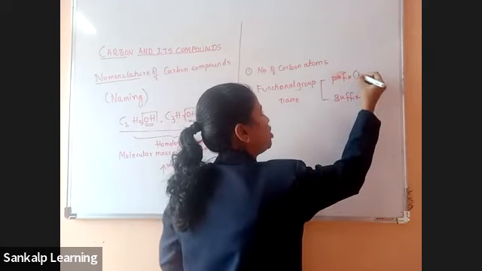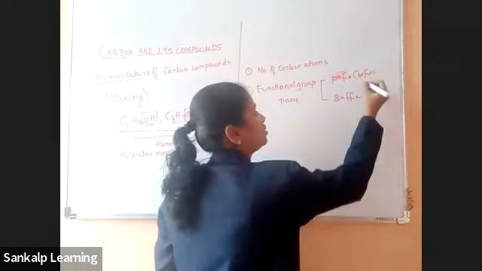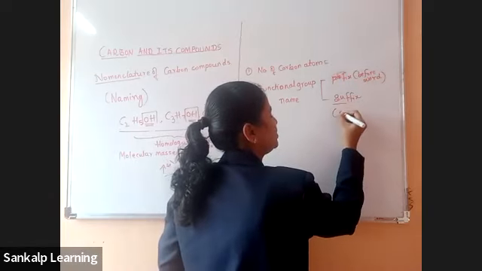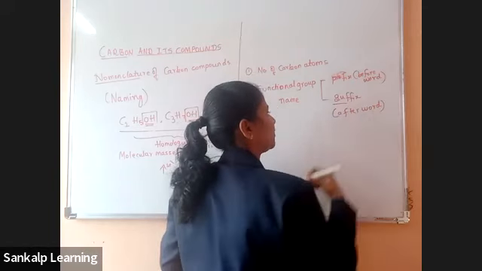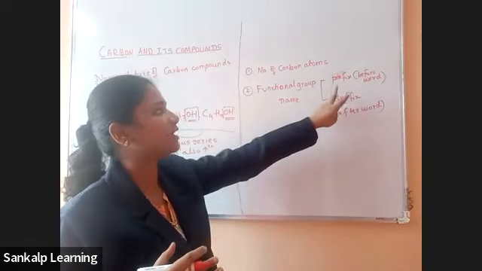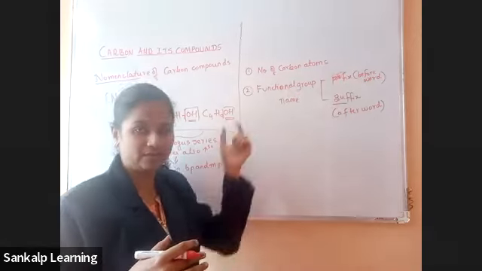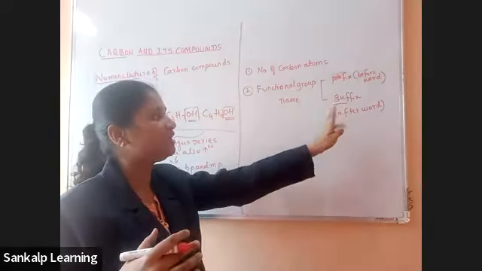Prefix means before the carbon name, before the actual word. Suffix means after the word. There are certain functional groups which we write before the number of carbon atoms, and there are certain functional groups which we write after.